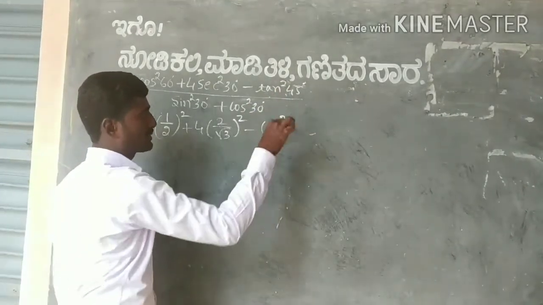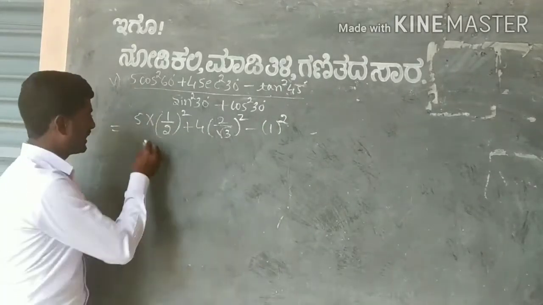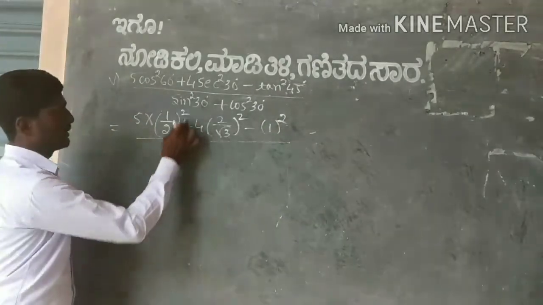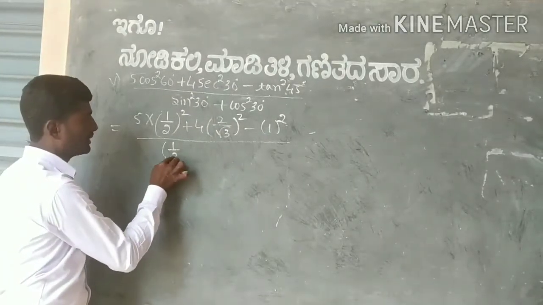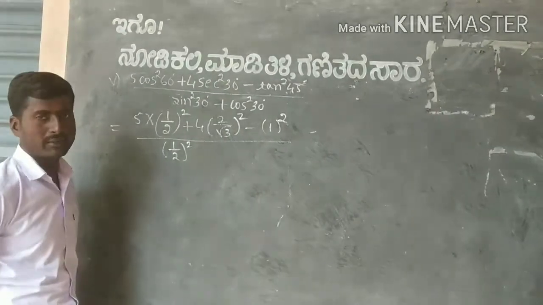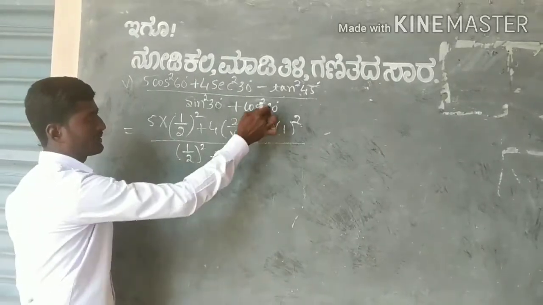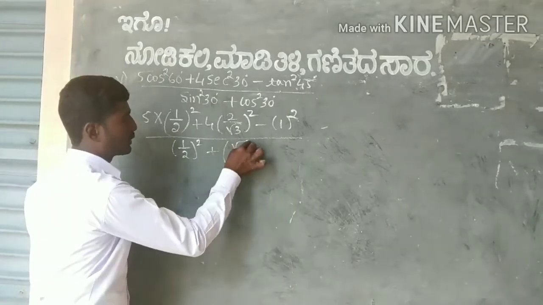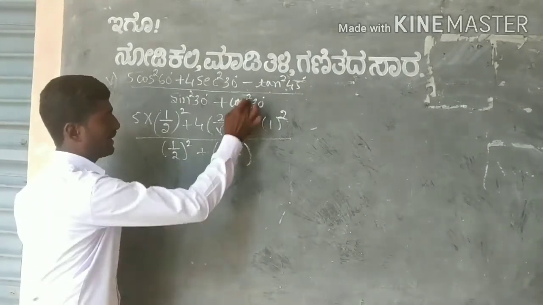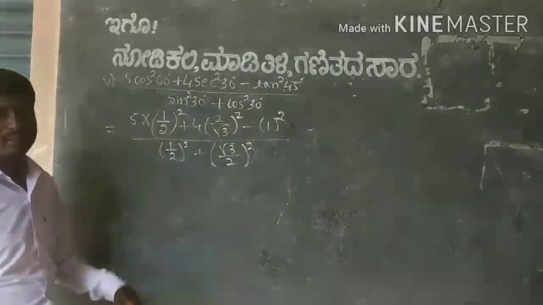Square is there. 1 square. Divided by. Now sin square 30. Sin 30 value is 1 by 2. Square is there. Plus cos square 30 degree. Cos 30 value is root 3 divided by 2. Square is there. Now let us solve this.